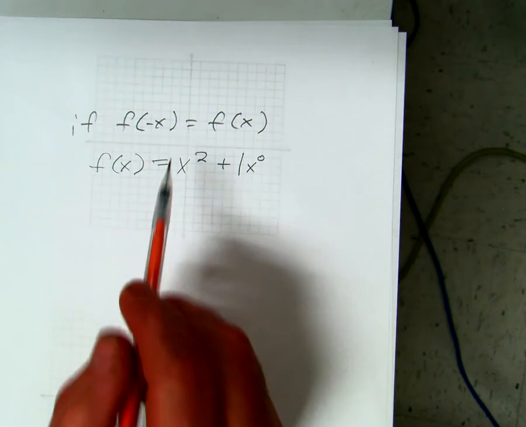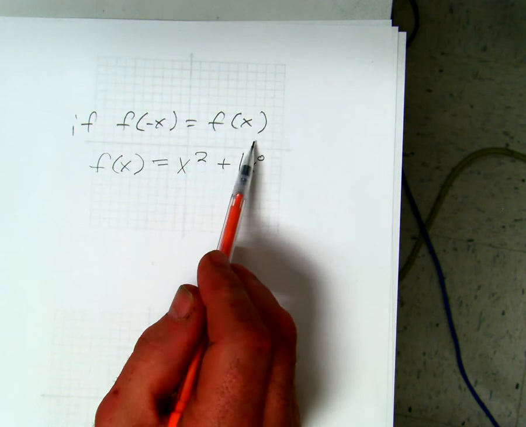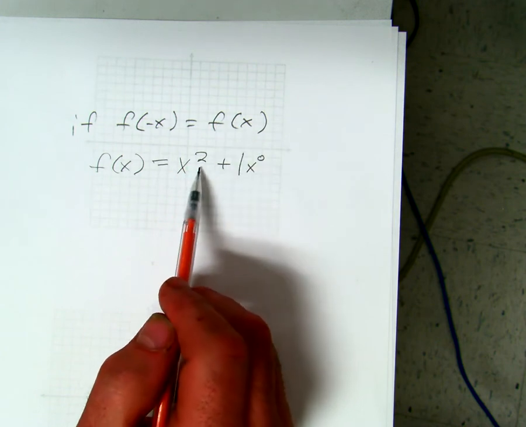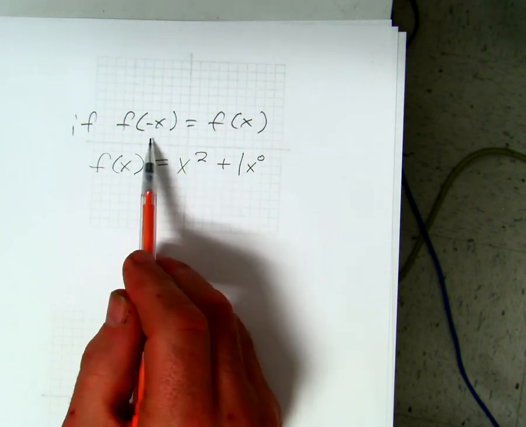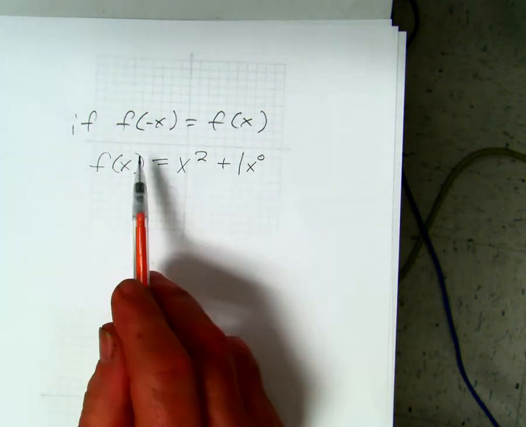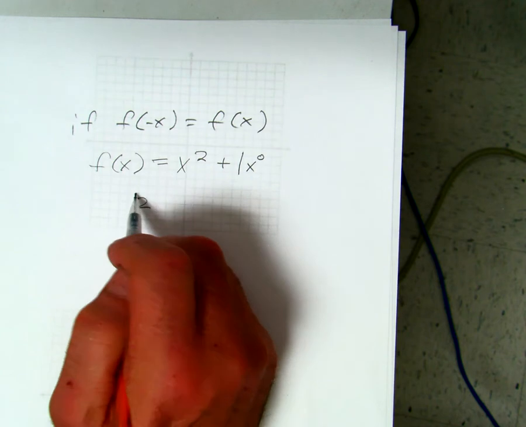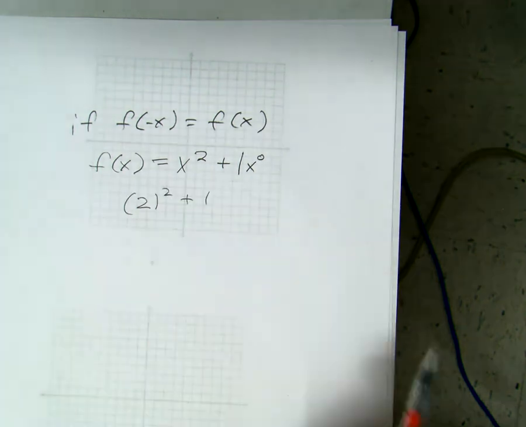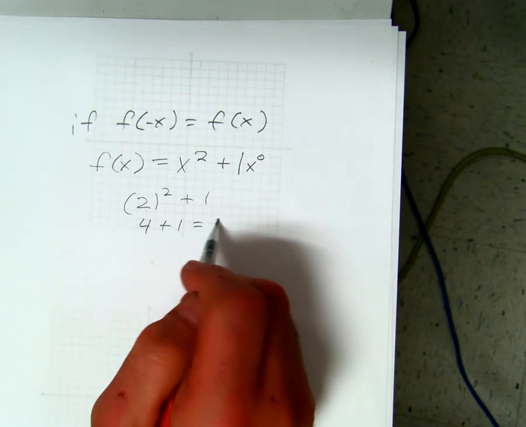And now let's test it with the definition. What it's saying here is, say I put in a 2. If I put a 2 into this function using direct substitution, I'll get a result. If I put a negative 2 into this function, I will get the same result. Let's try it. If I substitute 2 squared plus 1, 2 squared is 4, and 4 plus 1 equals 5.